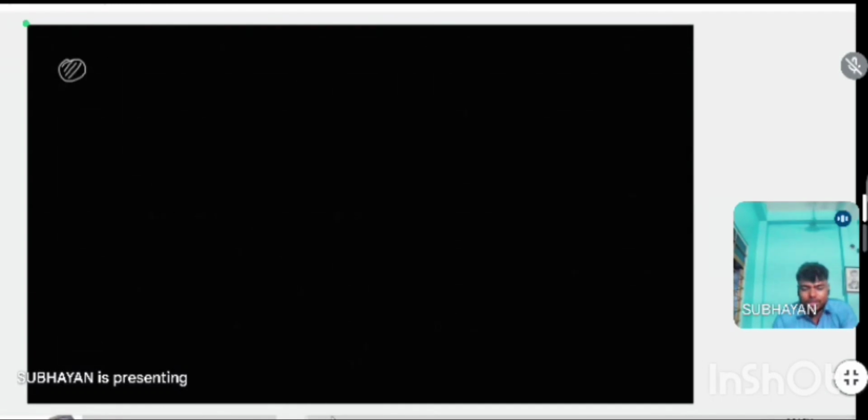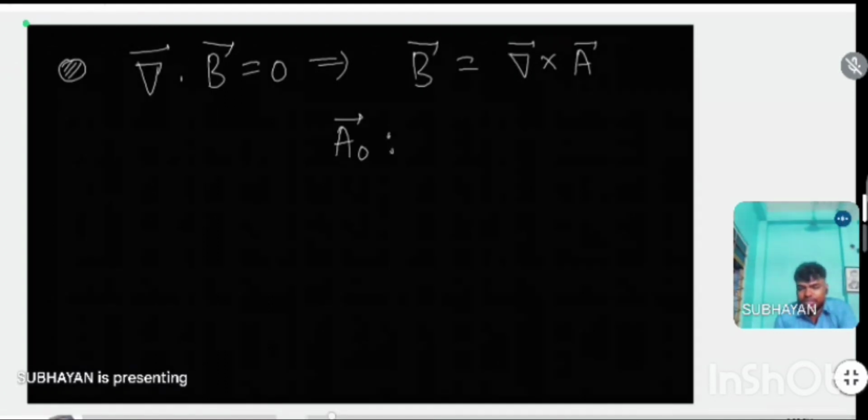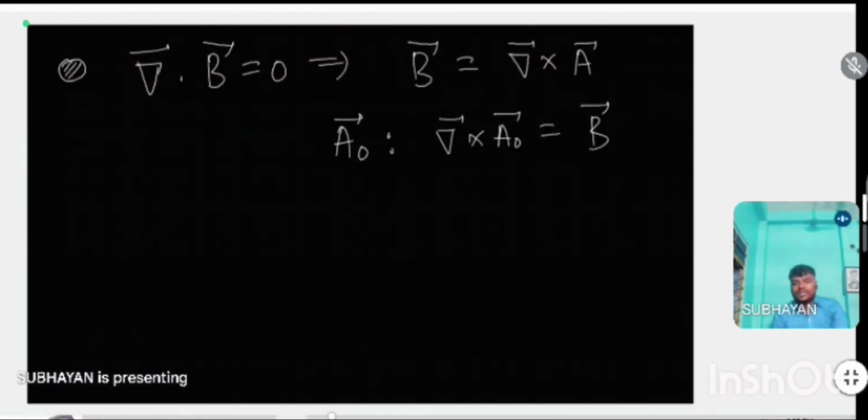Now come back to the vector or scalar equation from the covariant form of equation. So the second equation, divergence of B equals 0. And from here you have B equal to curl A. Okay. So suppose you have a primary choice for the solution of A as A naught. A naught is some particular choice of A. So it will satisfy the equation curl of A naught is equal to B, right?